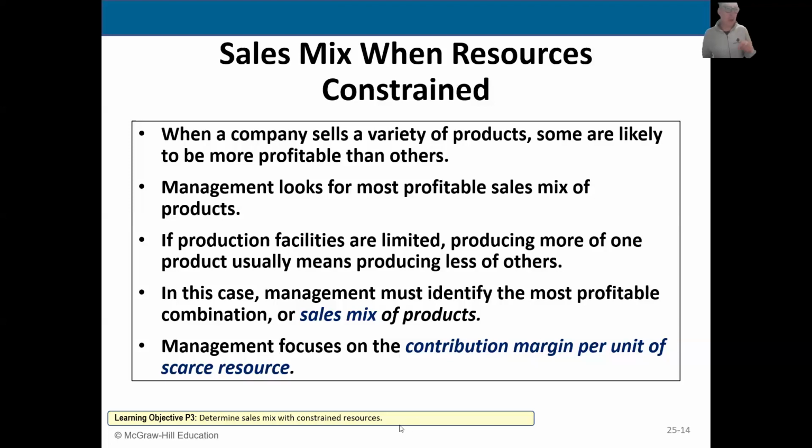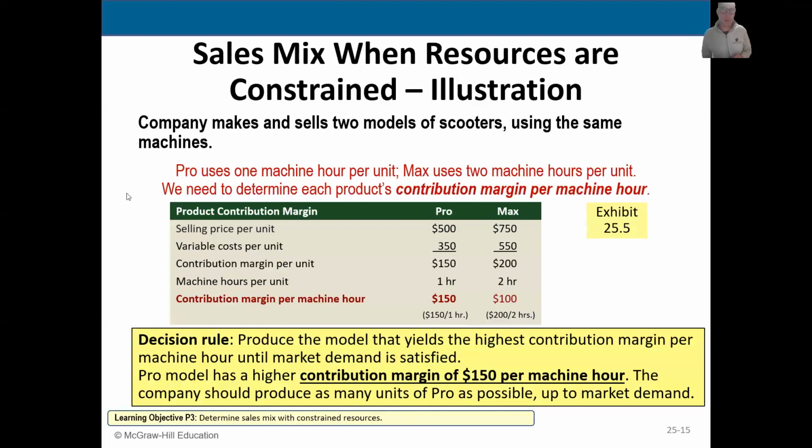One way that we can illustrate this is through this process of looking at the product contribution margin on a per unit basis for our two different types of products here. Here I have two different types of products, the Pro and the Max. Sales price of the Pro is $500, the Max $750. Variable cost per unit for the Pro is $350, for the Max $550.